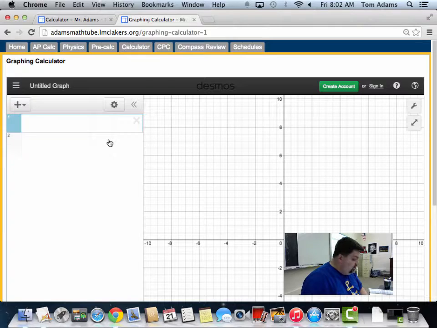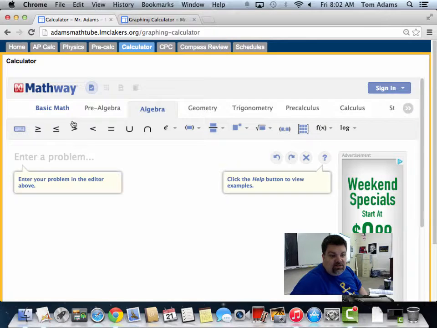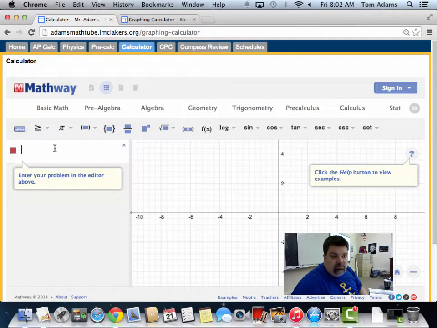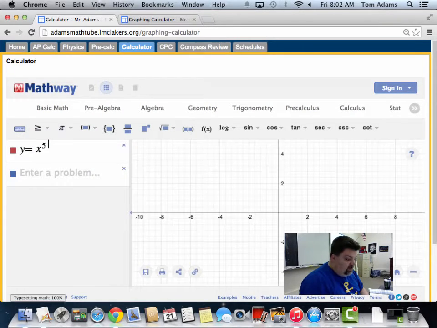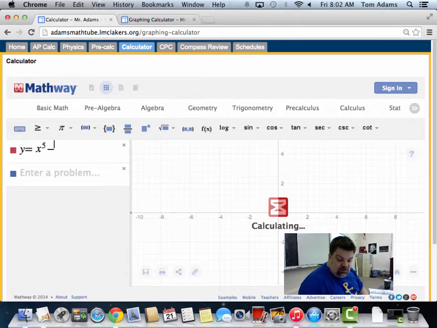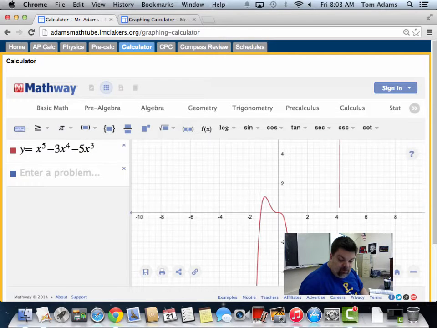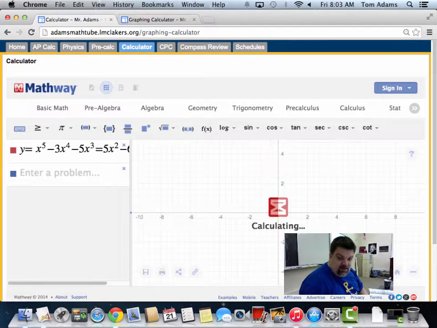So I've got x to the 5th. Whoops. I'm going to use my other graphing calculator because it's a little faster. So I'm going to say y equals x to the 5th minus 3x to the 4th minus 5x to the 3rd plus 5x squared minus 6x plus 8.